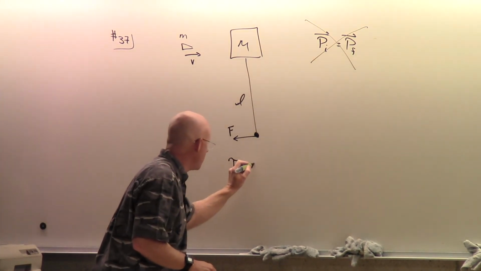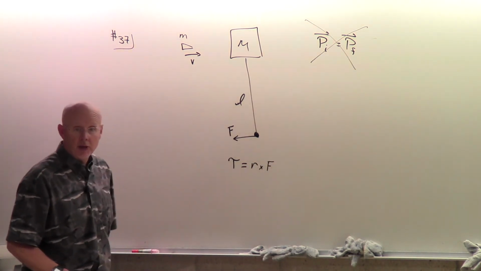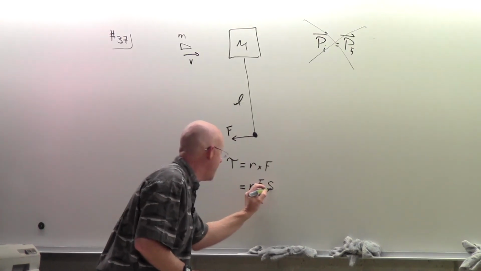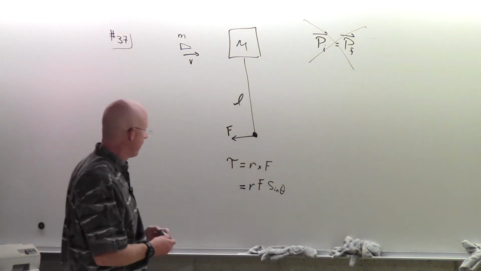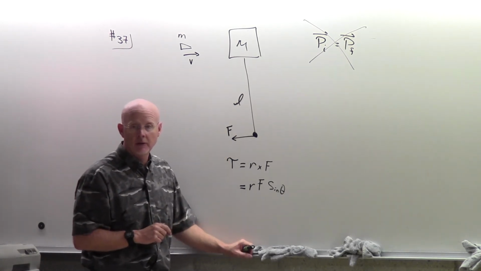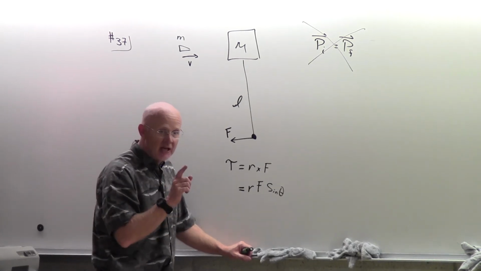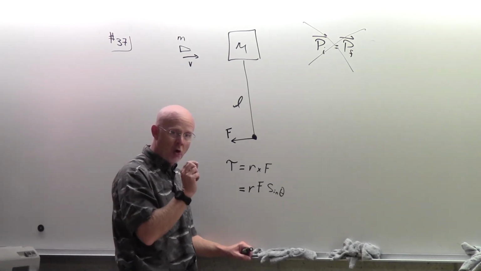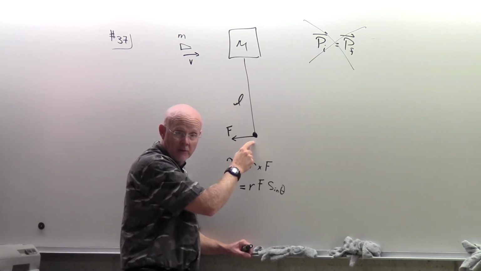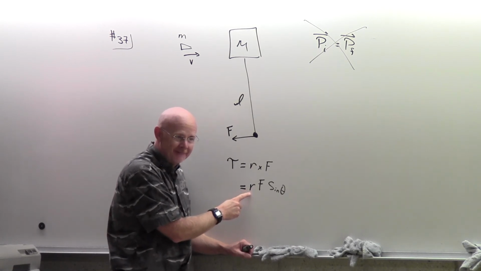How do you calculate torque? Right? Torque has 3 pieces to it. It has an R and an F and an angle. So how much torque do you get from this force? I would say if you calculate the torque about this point, then wouldn't R be 0?